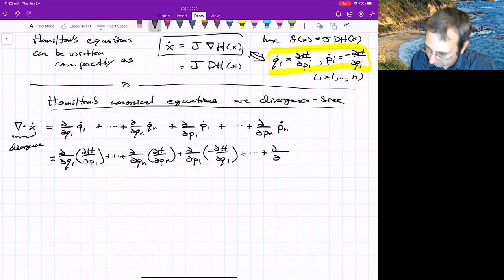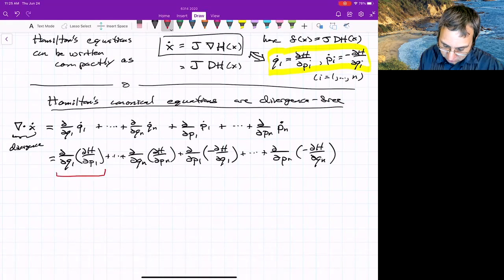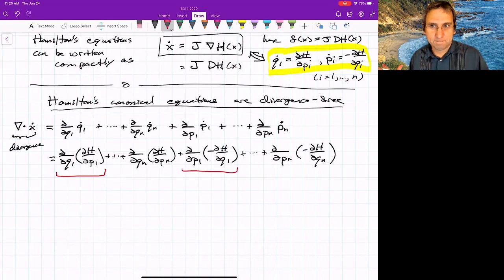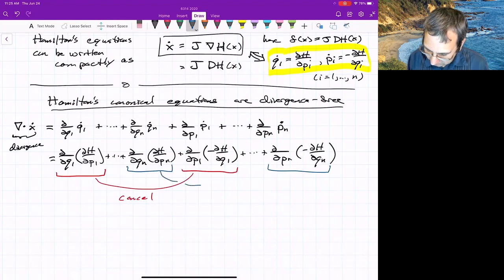The terms cancel out pairwise. For each Q and its corresponding momentum, these terms are opposite of each other, right? By the equality of mixed partial derivatives, these two will cancel. And all of them cancel out pairwise. So this and this will cancel.